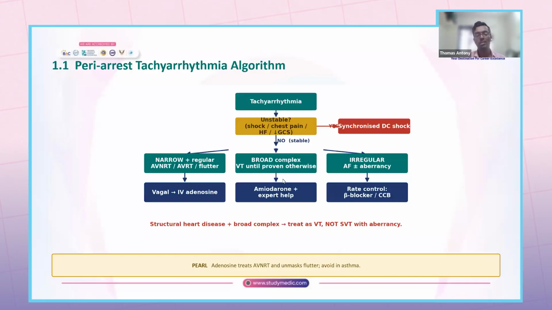In case of structural disease, you have to consider it as VT, or treat it as VT. It is safer to treat as a ventricular rhythm rather than treating specifically for a supraventricular rhythm. So the pearl here is: adenosine can treat AVNRT and unmask the flutter, but avoid it in asthma.